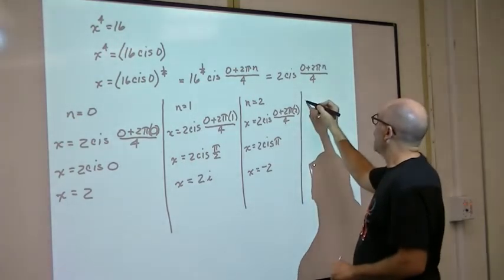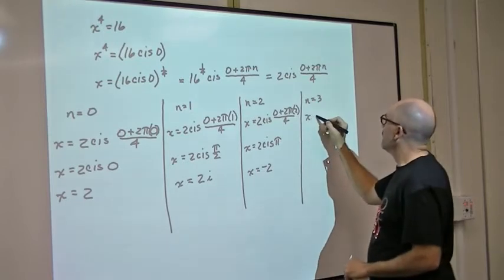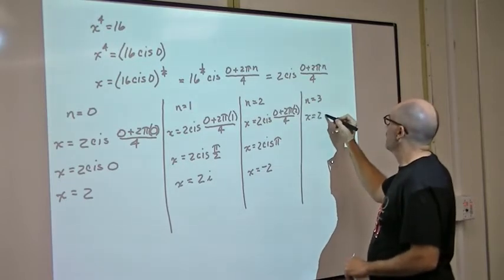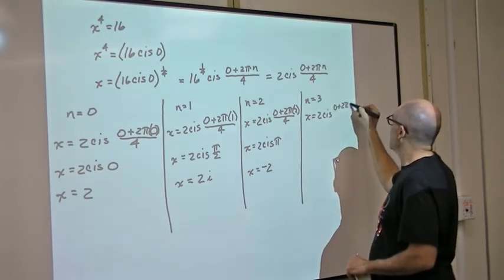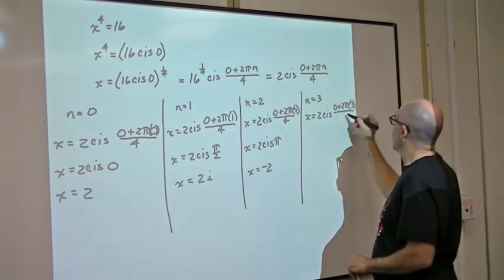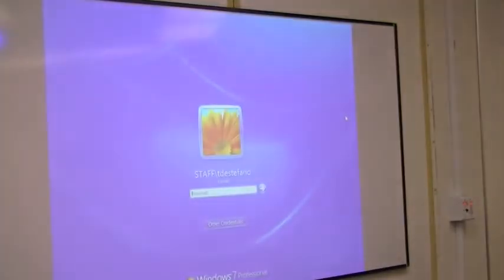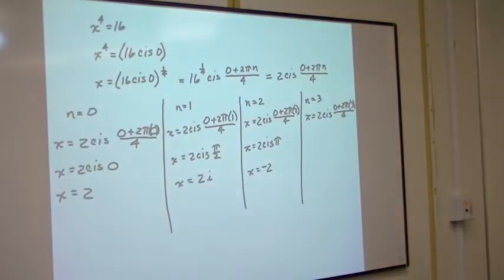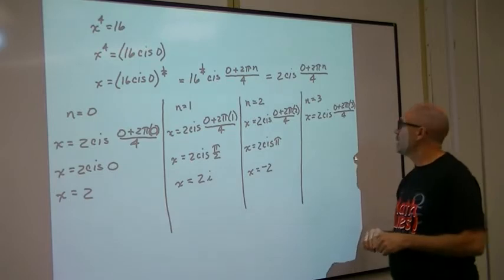Now if I go n equals 3, then I go x equals 2 cis 0 plus 2 pi times 3 all over 4. That's obnoxious. Someday I hope to find out why it does that.